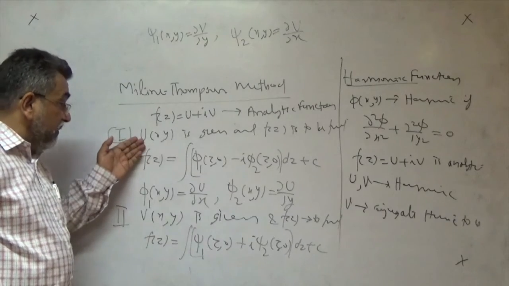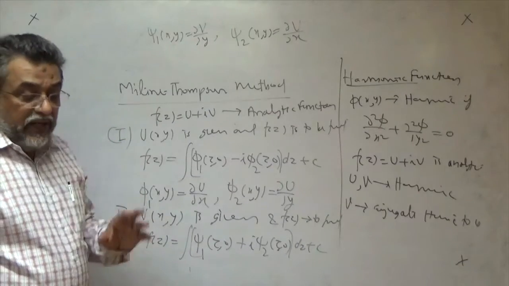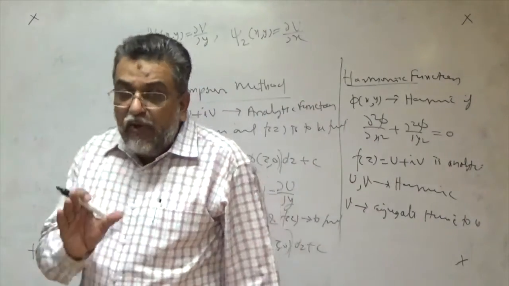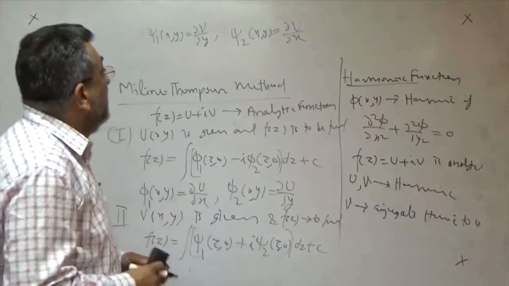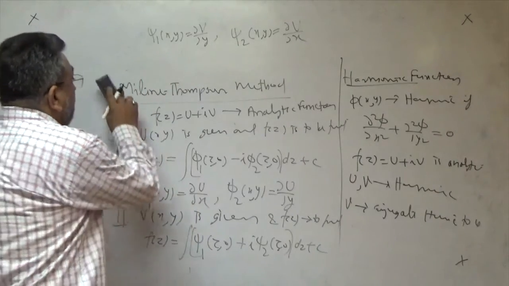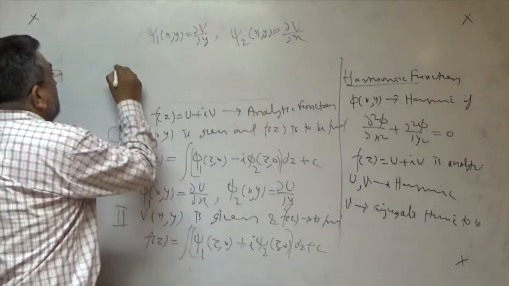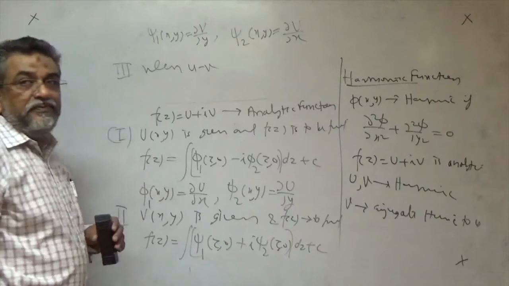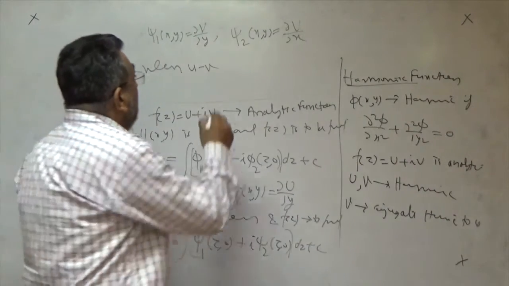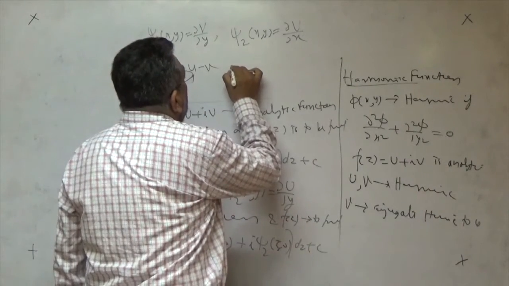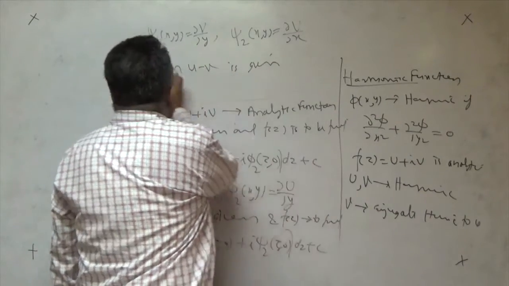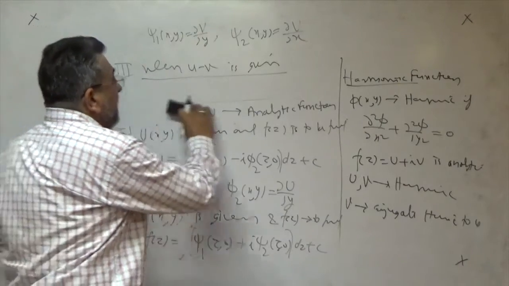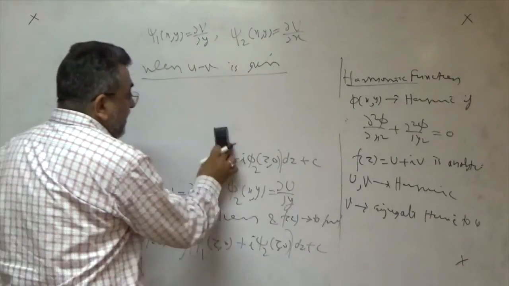First, if the real part and imaginary part are not given separately, but in some numerical sum, you see that there will be given a sum of real and imaginary parts or a difference of real and imaginary parts. Suppose that is the fourth case, third case, when u minus v is given, the difference is given, and then you have to find the analytic function by the Milne-Thomson method.